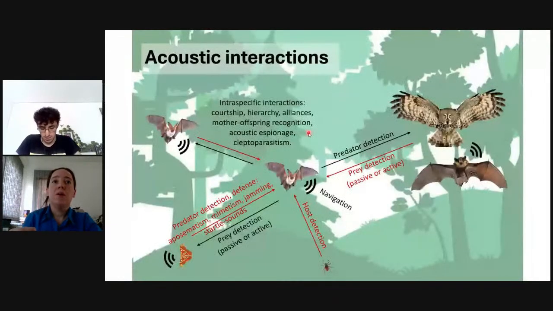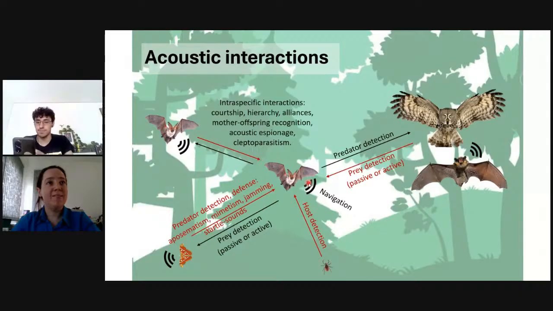It would be when another conspecific is listening for sounds that are not meant for them.